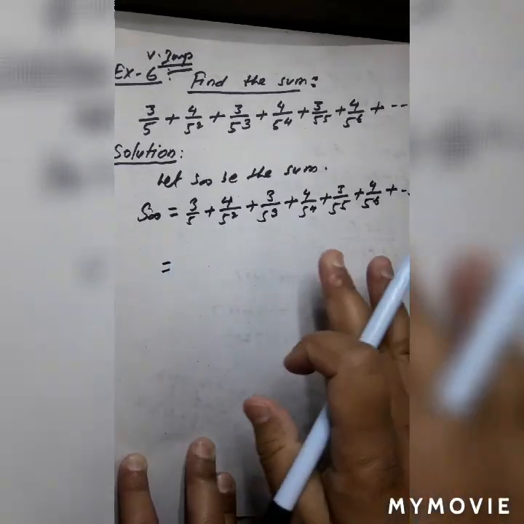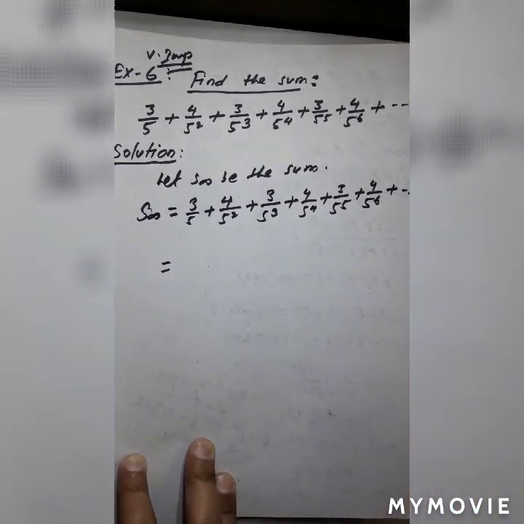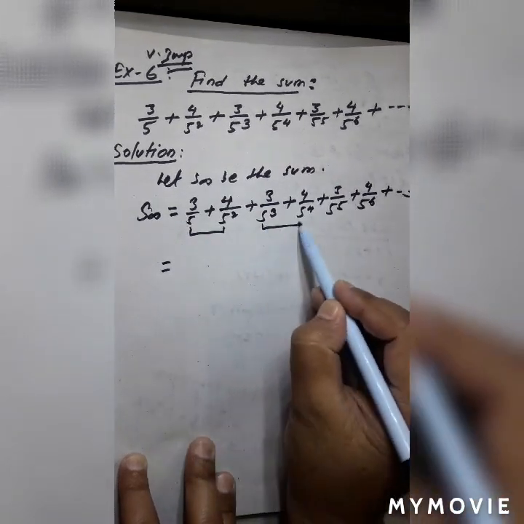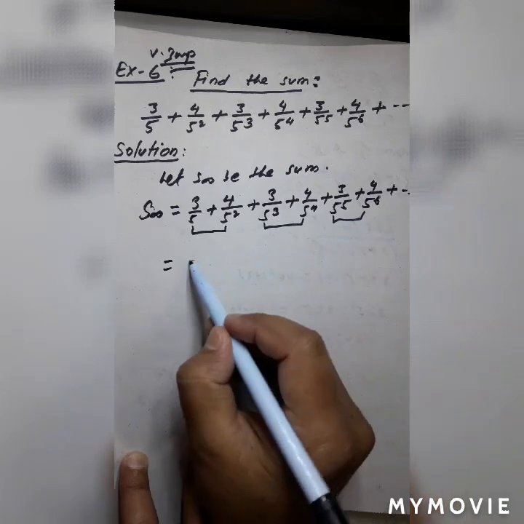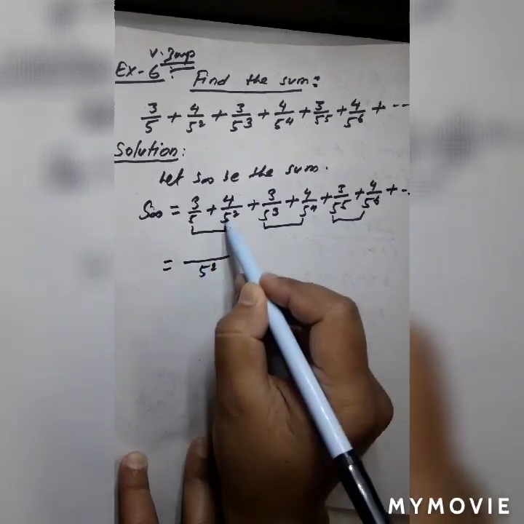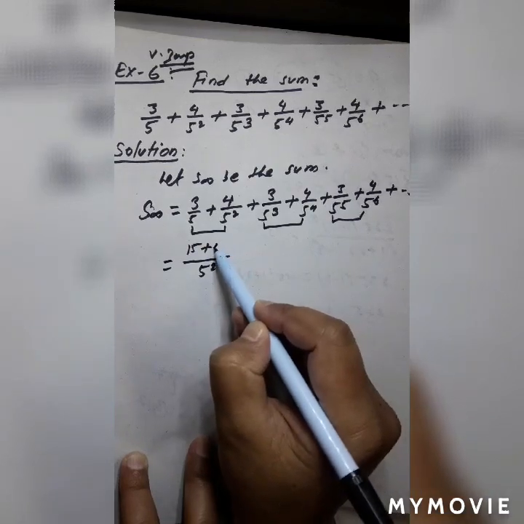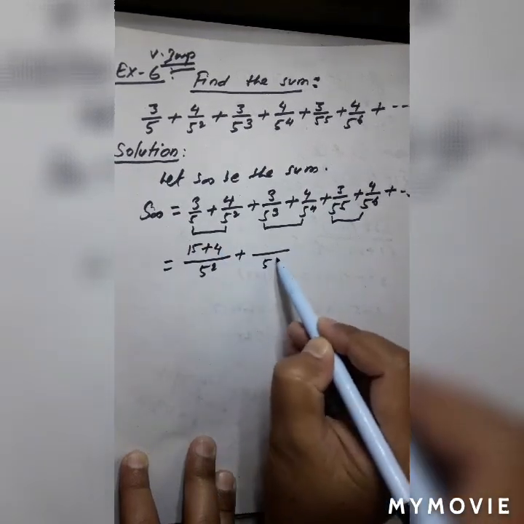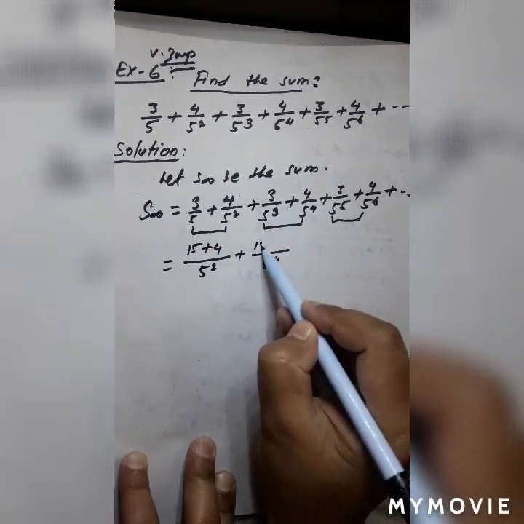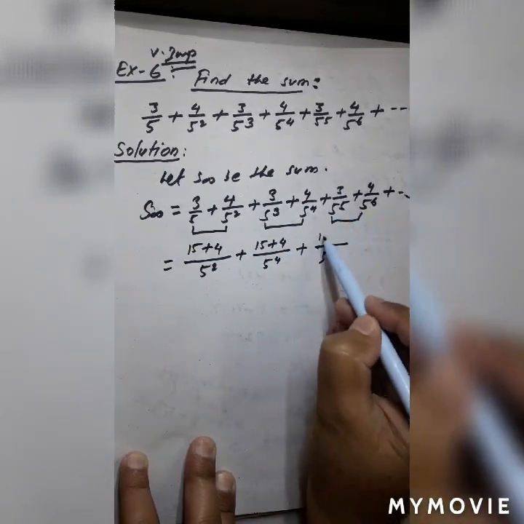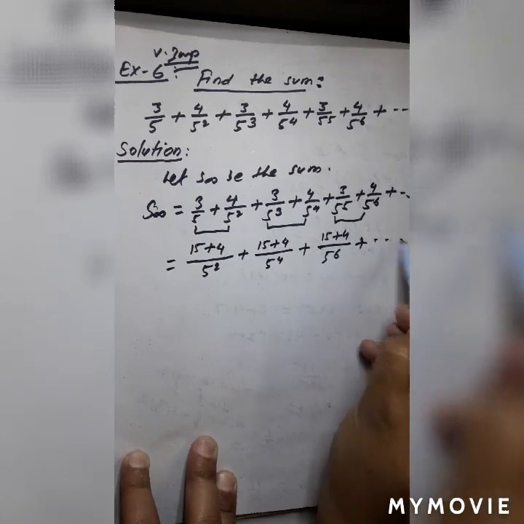Students, we can do this question by two methods. The first method is to take the LCM of these terms. Here the LCM is 5 square, so we get 15 plus 4, and for 5 power 4 the LCM gives 15 plus 4, and for 5 power 6 also 15 plus 4, and so on.